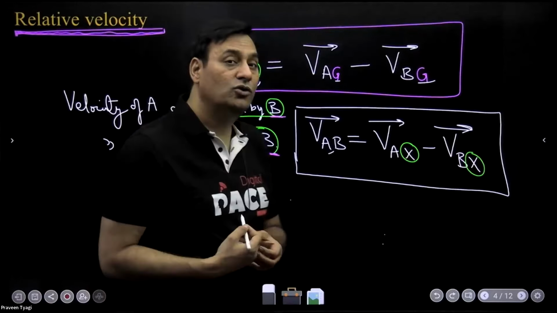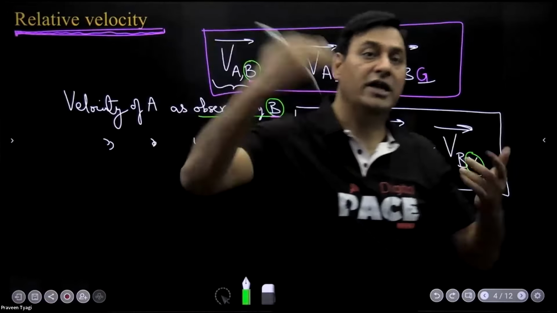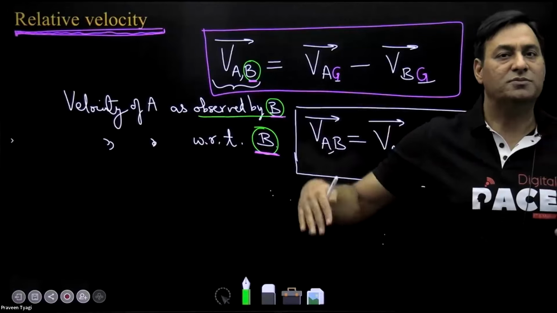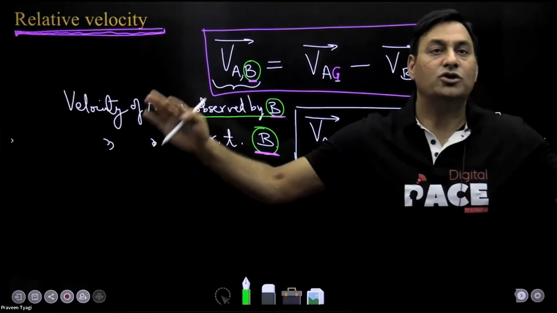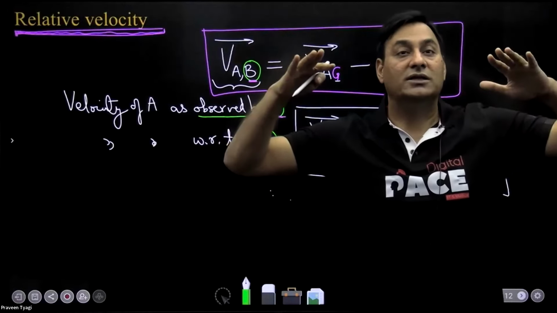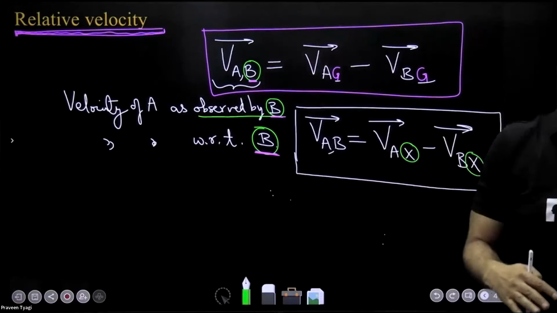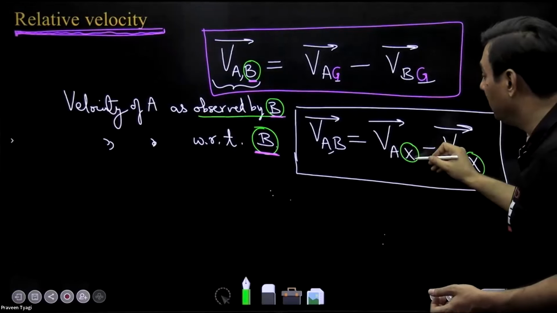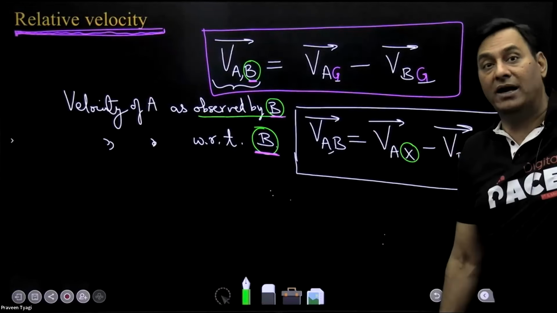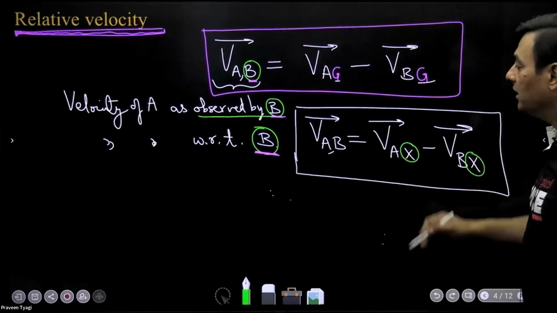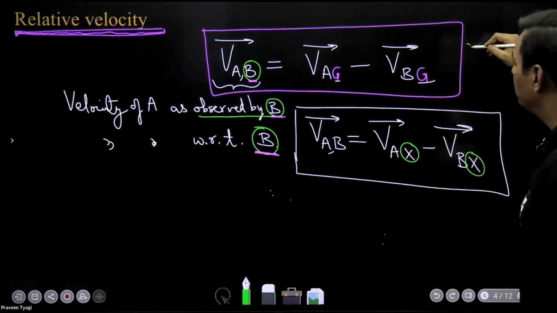So, if I tell you velocity of A in a train with respect to the train is this, and velocity of B with respect to the same train is this, then you are talking about the reference frame to be not the ground, but relative to the train. So X can be that train. X can be another planet. X can be some other frame. We will come to that in general form. Just write down these two equations.